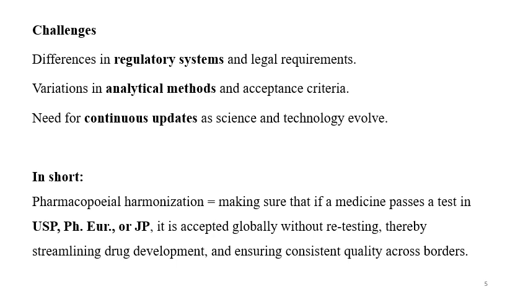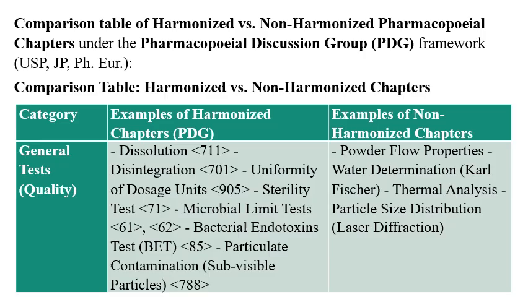In short, pharmacopoeial harmonization is making sure that if a medicine passes a test in USP, PhEur or JP, it is accepted globally without retesting and thus streamlining drug development and ensuring consistent quality across the borders.